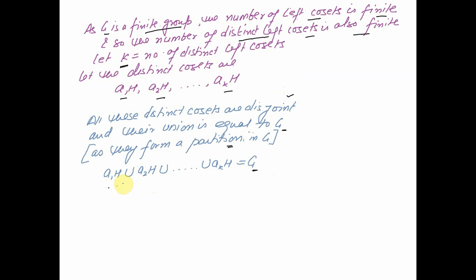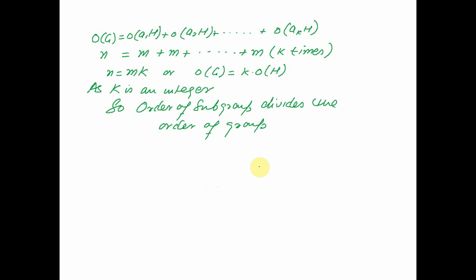We have already shown that there are M elements in this, M elements in this, M elements in this, and G had N elements. And moreover, all these elements are unique or distinct. They are all pairwise disjoint.